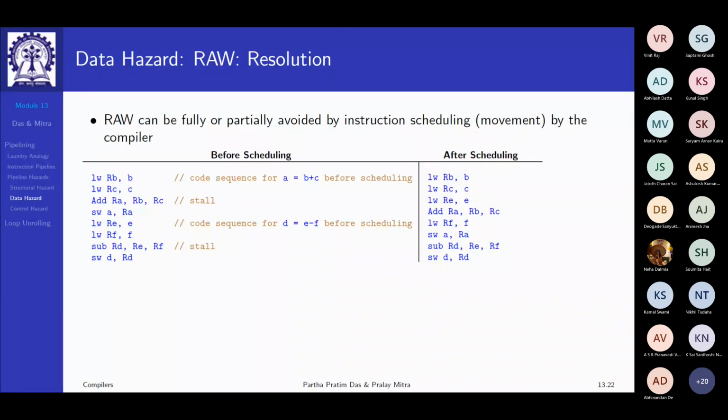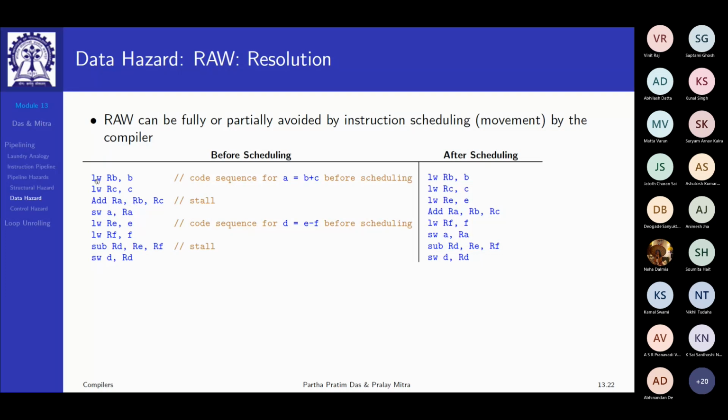Now, when you try to do this add, what is the status of the loading of B? This is fetched in the first cycle, this is in the second cycle, this is in the third cycle. So in the fourth cycle, add actually needs to get this value.